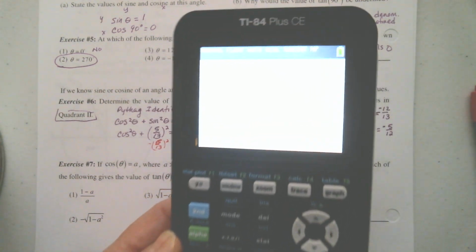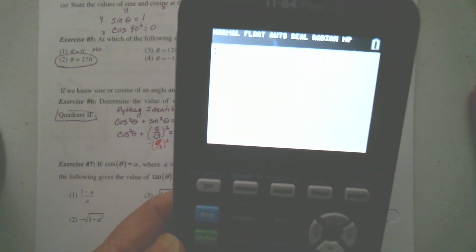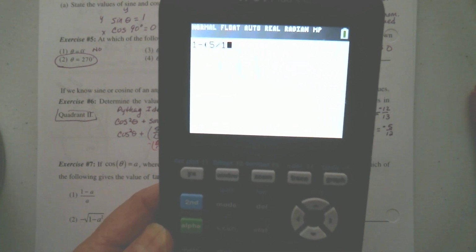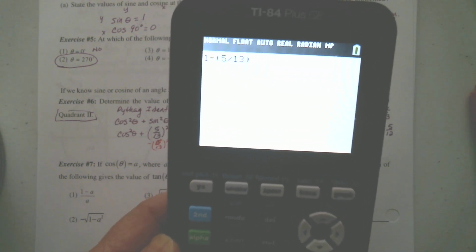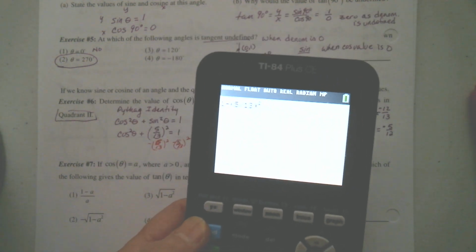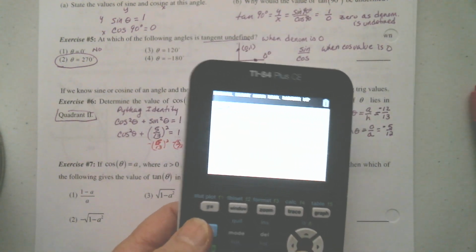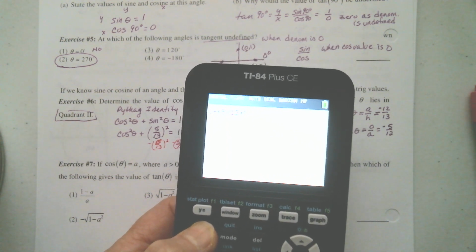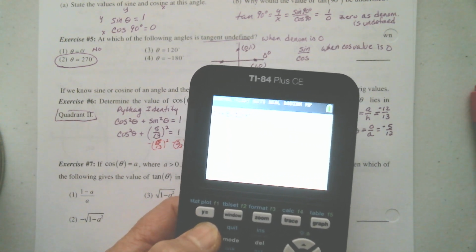So I'm taking 1 minus 5/13 squared. Trying to get it so it will at least show up here. It's not working for me.